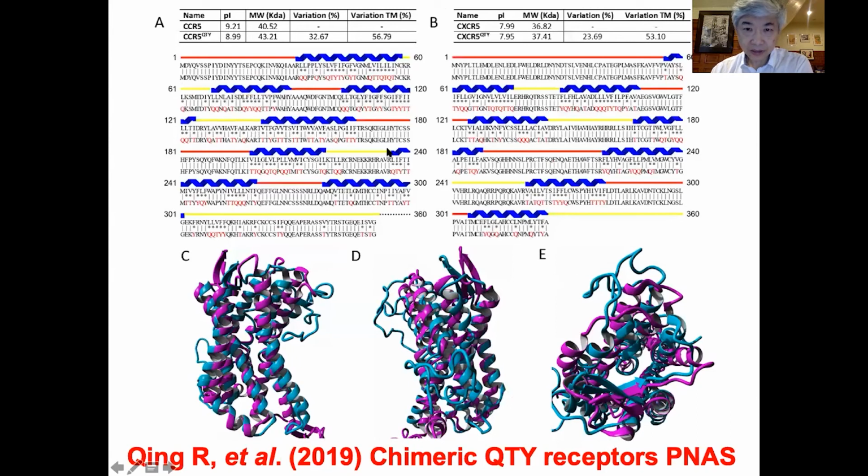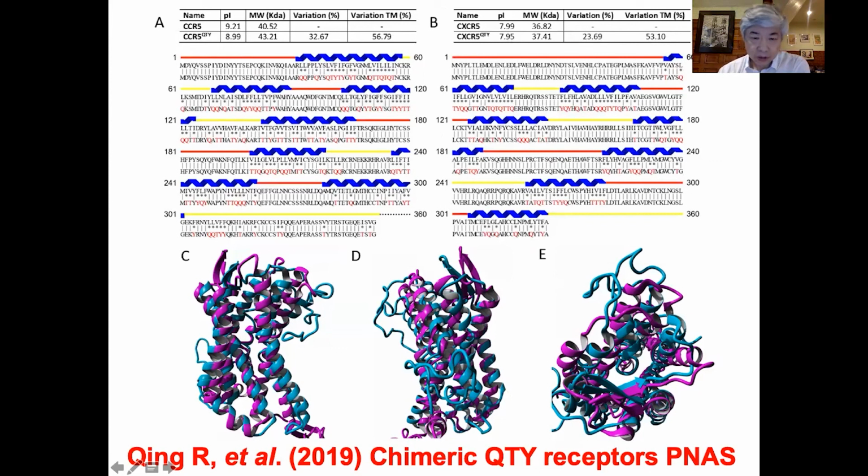There's another example here. This is the CSR5, 7.99 and 7.95. The change is 0.04, very little change. But the transmembrane domain change is 53%, and the overall protein change is almost 24%.